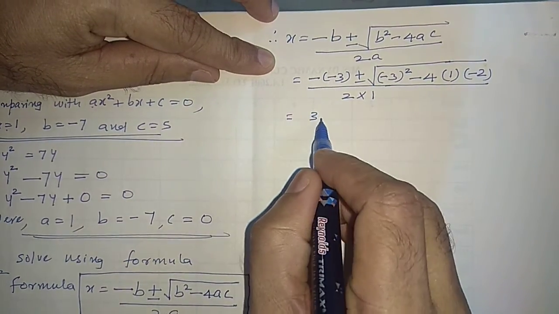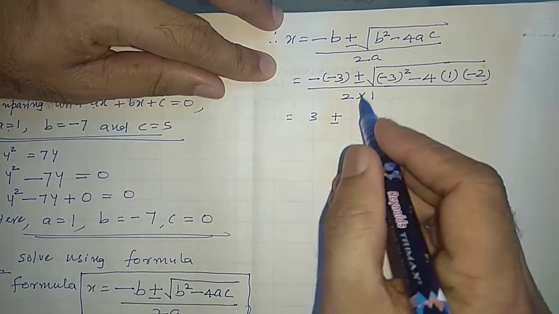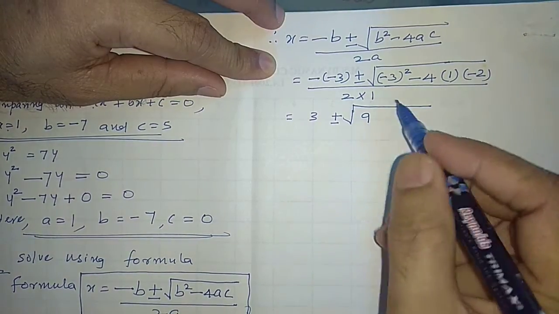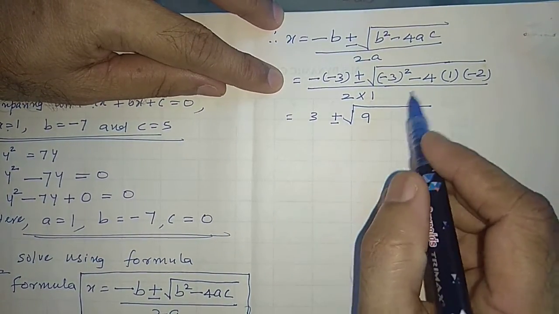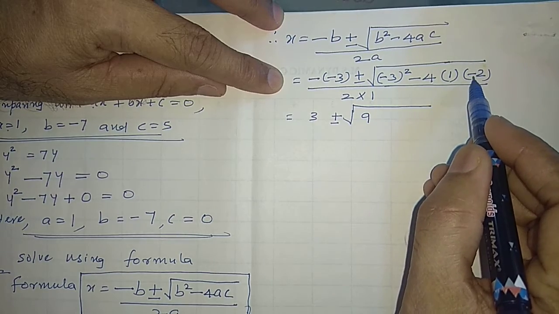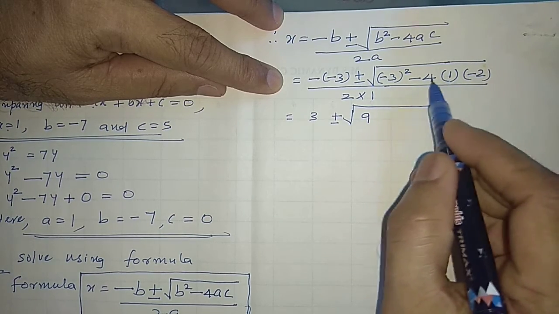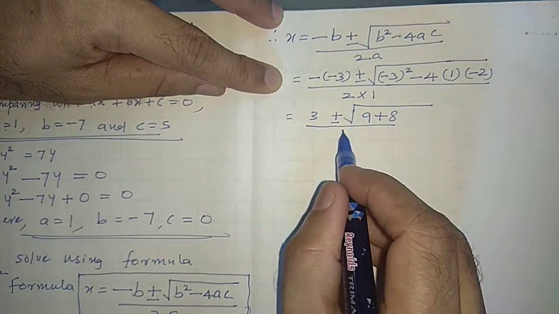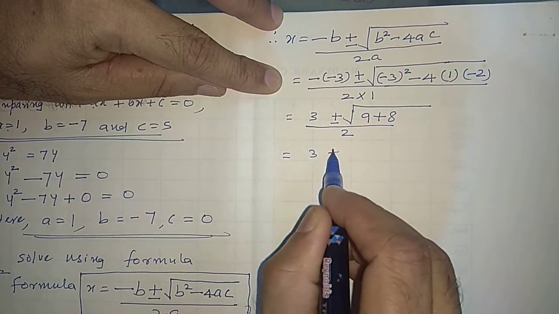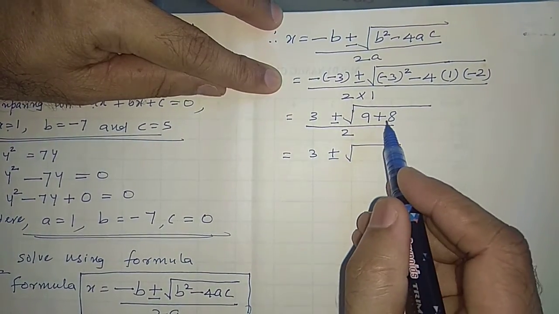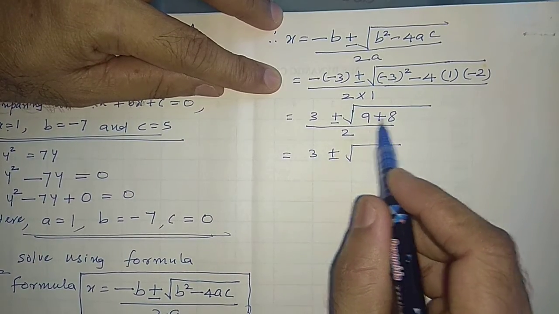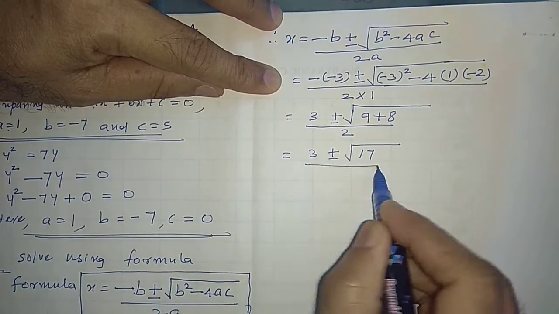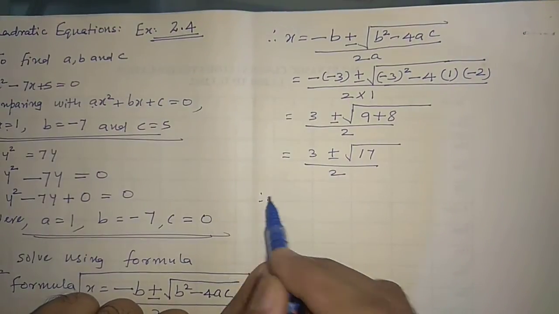Minus into minus is plus, 4 ones are 4, 4 twos are 8, so plus 8, upon 2 ones are 2. This is 3 plus or minus root of 9 plus 8, which is 17, upon 2. Therefore, we conclude the solution.